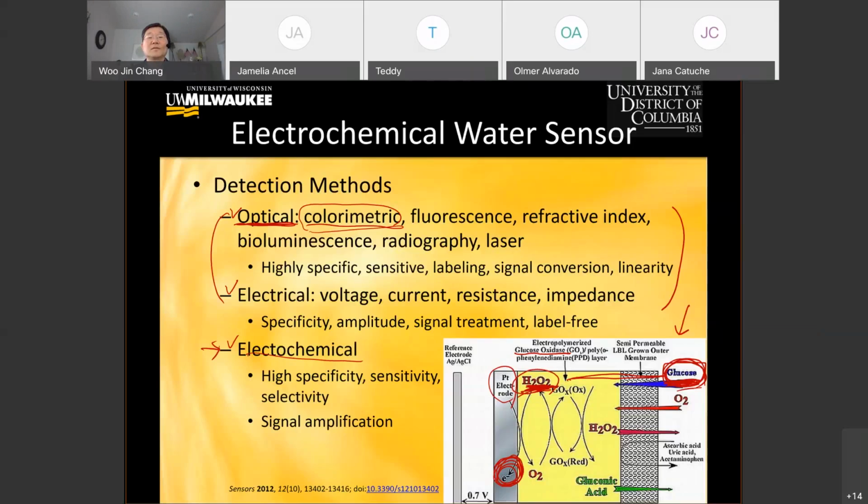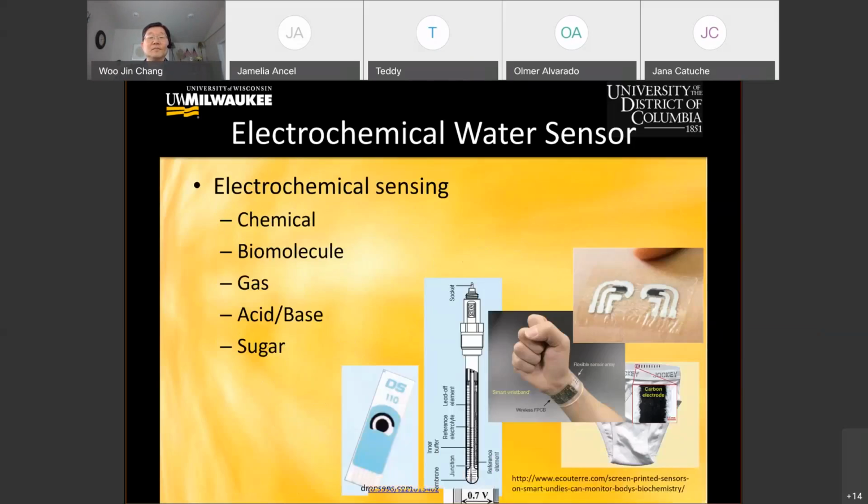So we need a good reaction system to actually amplify the signal. Otherwise, the sensitivity could be very low. That is one potential problem of this electrochemical system.